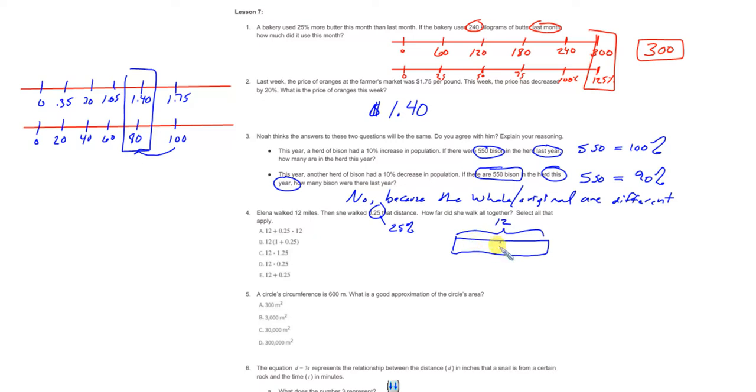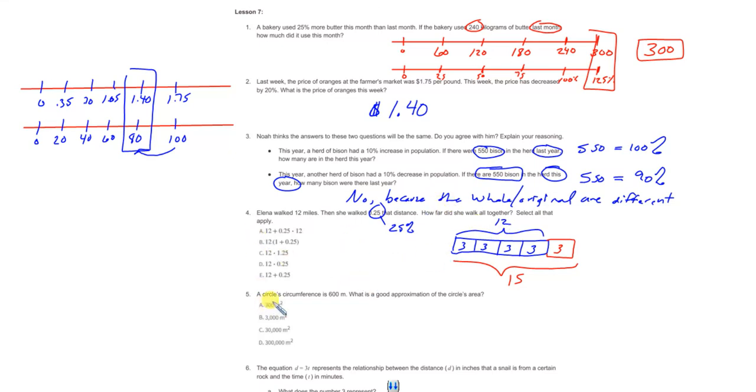If I break her 12-mile walk up into 25% or quarters, then we would take 12 and divide by 4, and every one would be representative of 3 miles, right? Quarter of the way, half the way, 3/4, all the way. And what she's doing is walking an extra quarter. So this is like her taking an extra 3 miles on top of what she's already done. So that would put her at a total of 15 miles after her walk is finished.